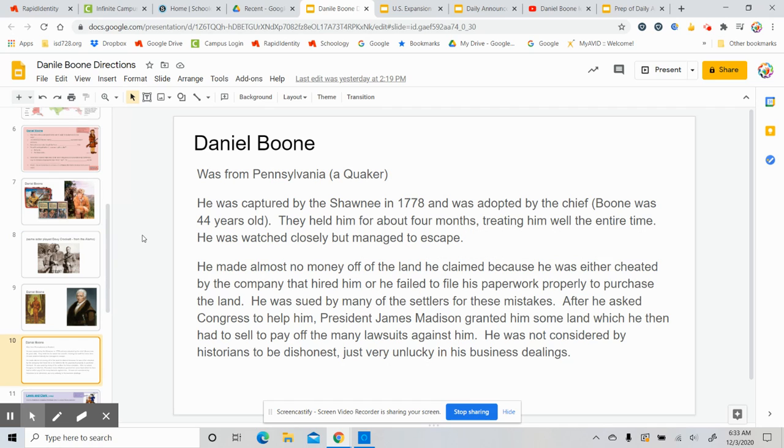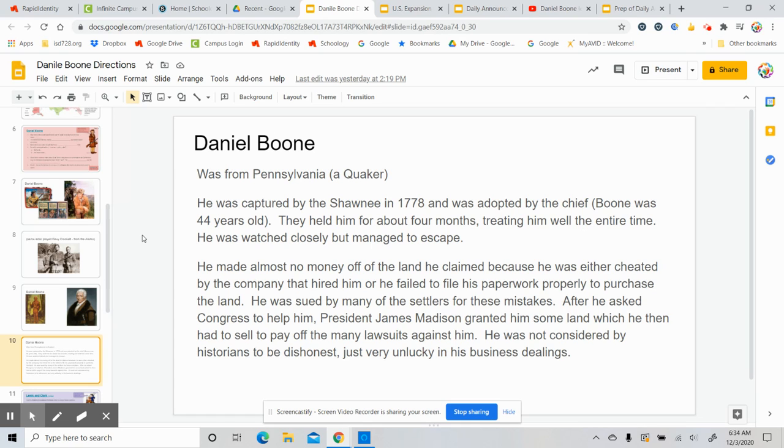Daniel Boone. So about him, his parents came from Europe, and they were Quakers, and that's a religious group. And Quakers weren't really accepted in Europe all that much. They were kind of different. But Quakers came to the United States and settled mostly in Pennsylvania. And so that's where his parents ended up.